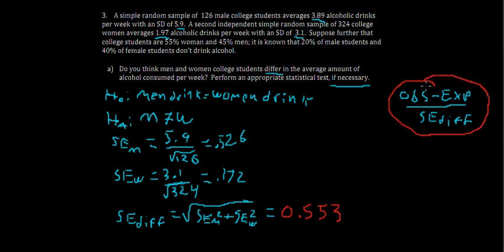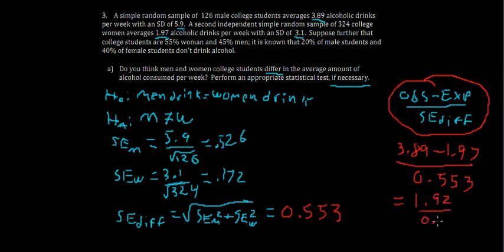So now we go back to this equation up here, observed minus expected over the SE of the difference. Well, the expected difference is 0 because that's the null hypothesis. They drink the same amount, so if they drink the same amount, we expect a difference of 0. The observed difference is 3.89 minus 1.97 divided by 0.553, so that's equal to 1.92 over 0.553.